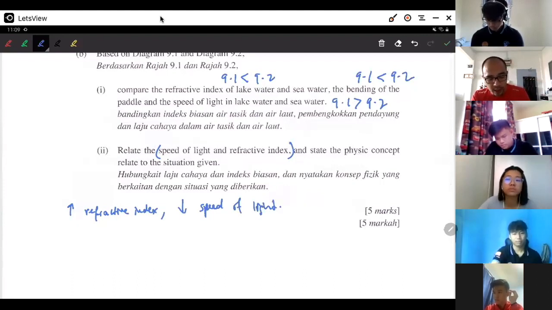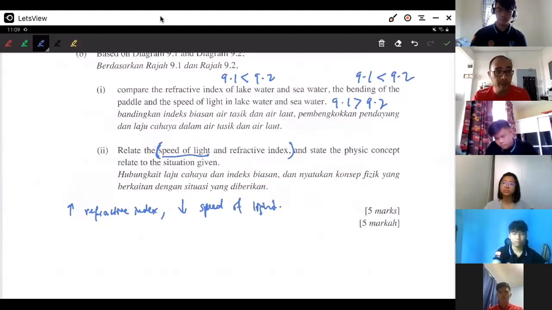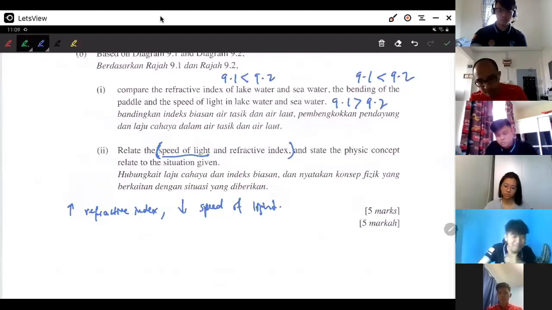Notice that the question gives speed of light first. And I've said this many times, the purpose of them changing the order is to trap people, to make sure that when you answer, your brains are turned on. You're not just copying brainlessly. So please remember this when you're doing relationship. State the physics concept. This one is quite easy. What's the physics concept involved? Refraction of light. Okay, thank you.